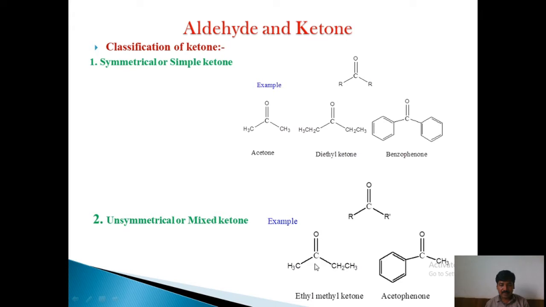On this carbonyl group, one side is a methyl group, another side is an ethyl group. Both are different groups. That's why we call it unsymmetrical ketone. This is another example, again an unsymmetrical ketone, because on this carbonyl group, one side is a methyl group, another side is a phenyl group. This is called unsymmetrical or mixed ketone.